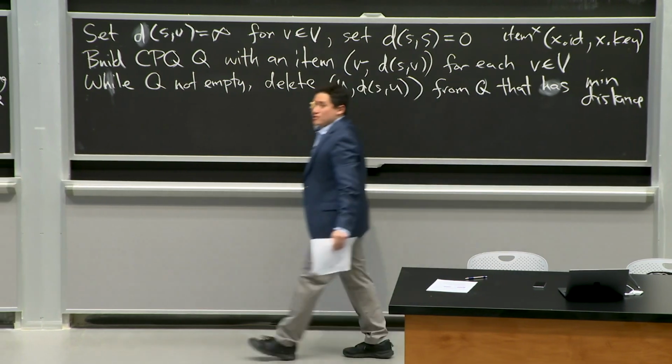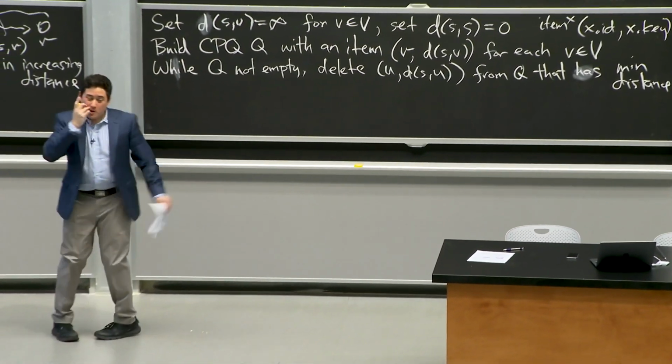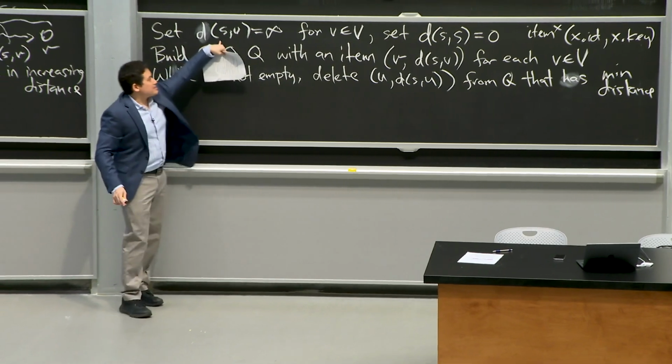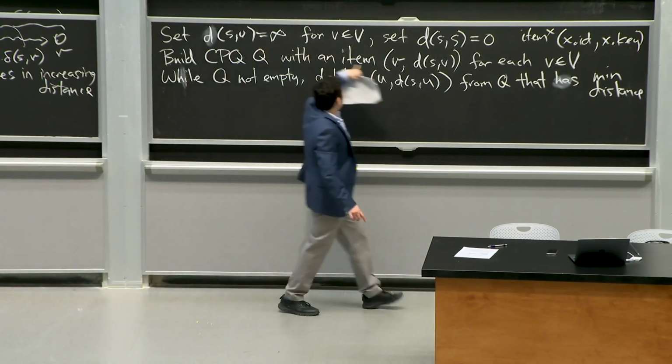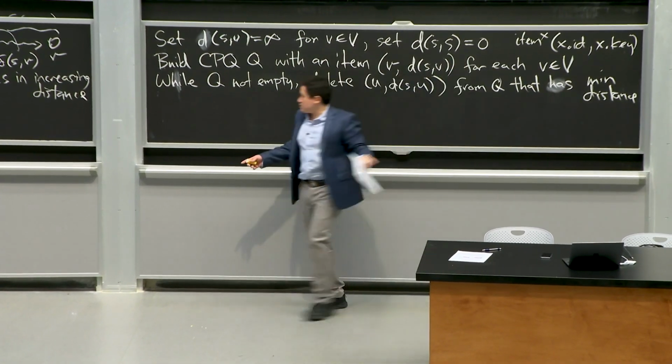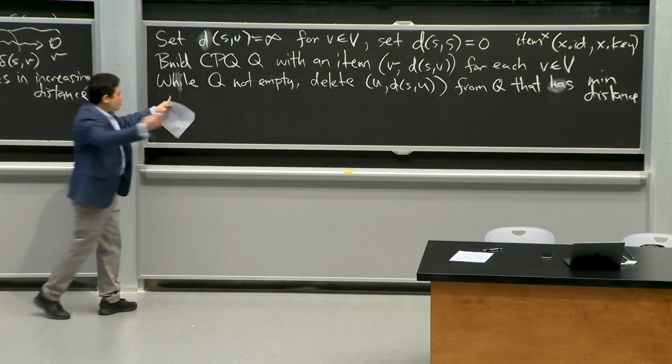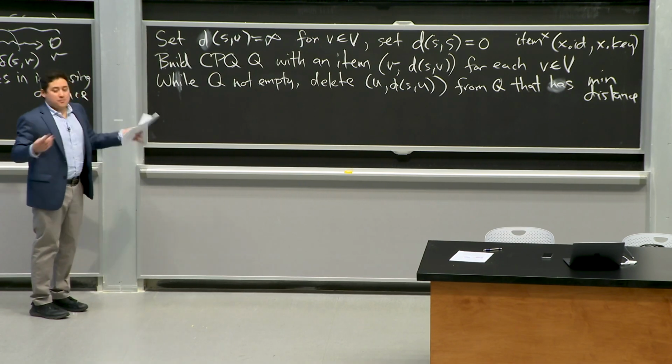So I'm going to look at all the things in my priority queue. At the start, it's just going to be S, because everything has shortest path distance estimate infinite except for S, and so that's clearly the smallest. So I'm going to remove that from my queue, and then I'm going to process it.